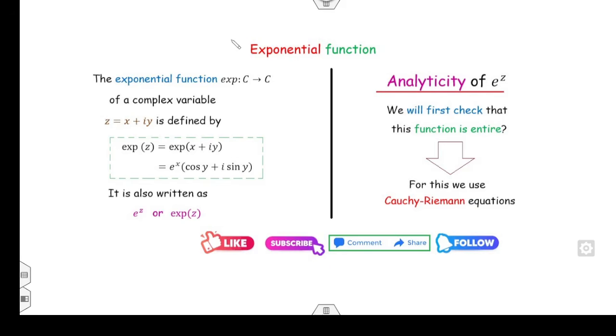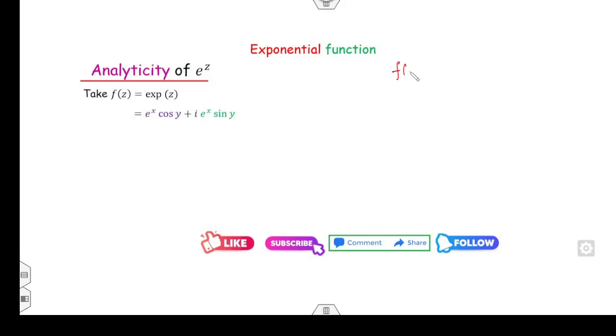If I consider the function f of z, which is defined as u plus iota v, then what do the Cauchy-Riemann equations suggest? You calculate the partial derivative of u with respect to x, partial derivative of u with respect to y, partial derivative of v with respect to x, and partial derivative of v with respect to y.